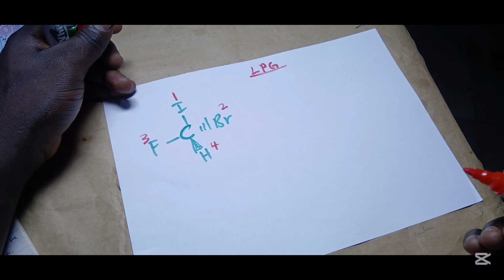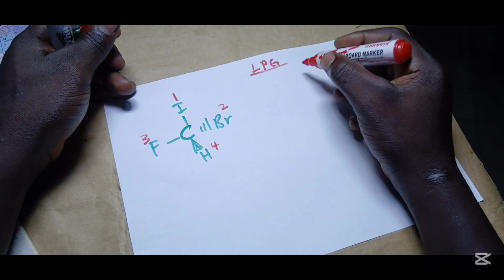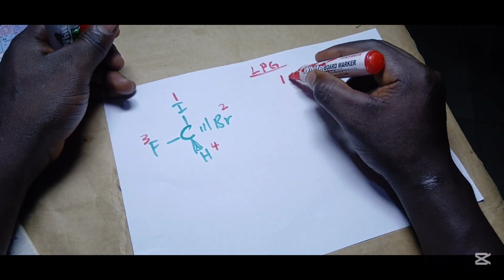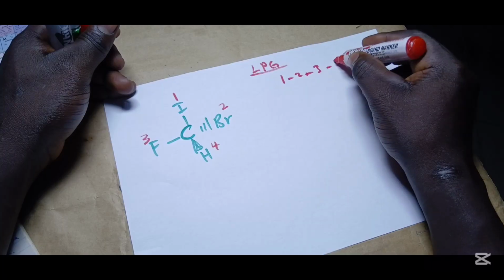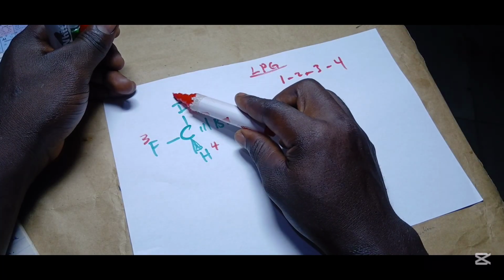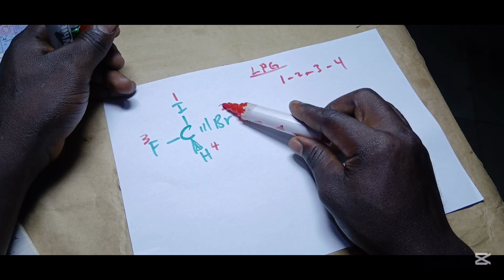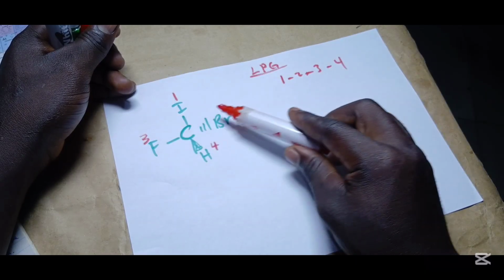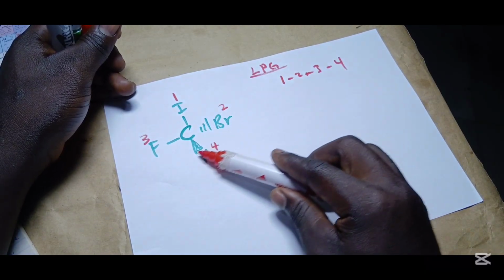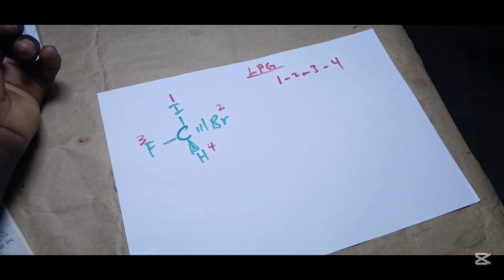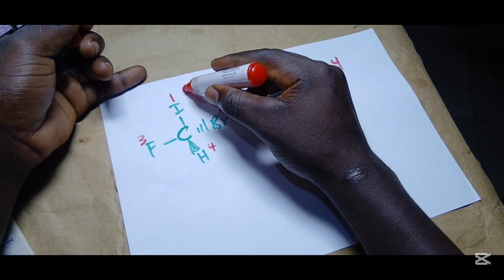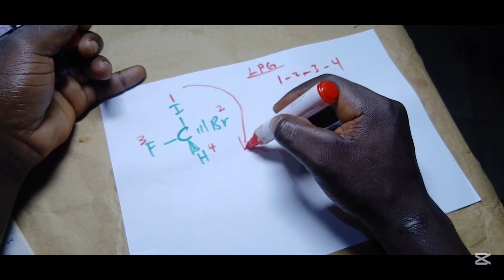So now the next thing we want to do is to count the indicated priorities from 1 to 2 to 3 to 4. So 1, where is 2 going? Are we seeing 2 here? No. 1 to 2 to 3. Yeah. So 1, 2, 3. So you could see that the trend of our priority is going clockwise, right?